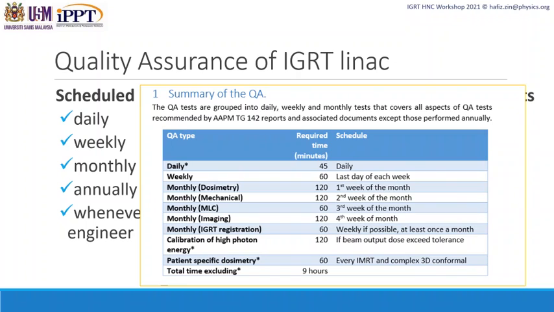So we have daily and weekly tests that cover all aspects required according to TG142. We also have monthly tests that are performed separately for the dosimetry aspect, the mechanical aspect, the multi-leaf collimators, and also the imaging aspect, as well as the image-guided radiotherapy registration. And we also estimate the timing for calibration and also patient-specific dosimetry.